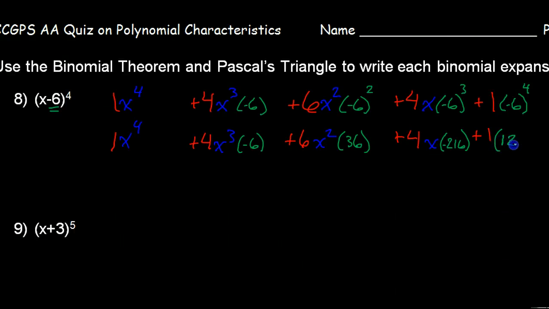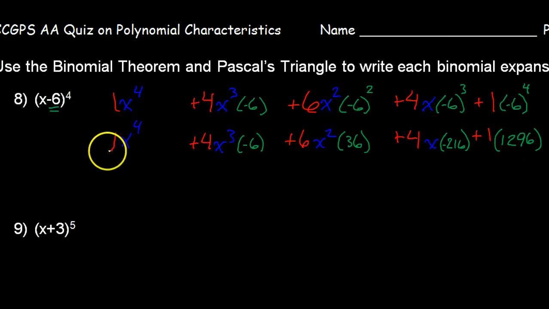So 1,296. So in general, if you have a negative number as your second term, the signs should alternate: positive, negative, positive, negative, positive. So just watch out for those signs to alternate like that. Alright, so now we're ready to clean this up and get on to the final answer.